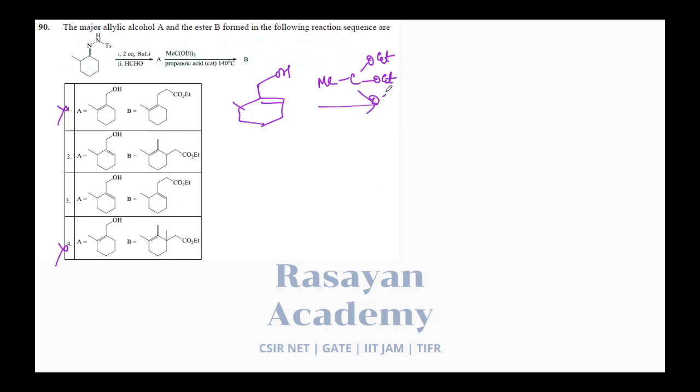Absolutely guys, as soon as you look at the orthoester, and that also in the presence of propanoic acid or any other acid, you are going to first of all think of the formation of allyl vinyl ether. I'm directly doing this step because it has already been done in one of the mechanism videos. So this is what you are going to get, the allyl vinyl ether system. Alright, yes, the allyl vinyl ether system.